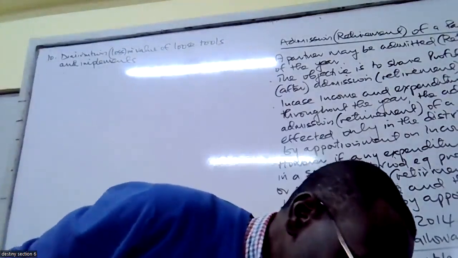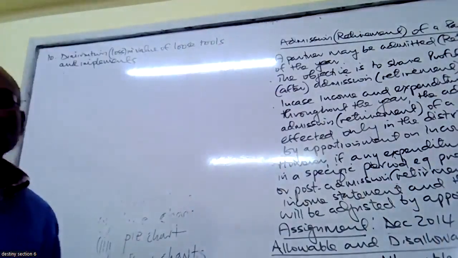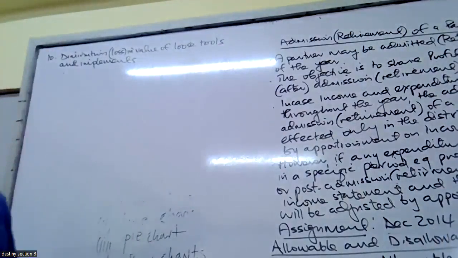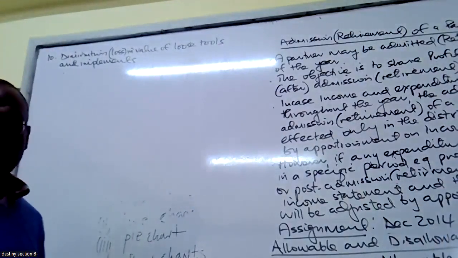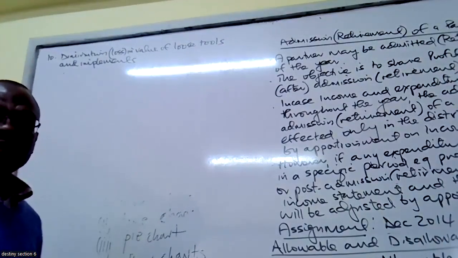So the rate of allowance that will be deducted for loose tools and implements here is 10%. 10% for each year on a reducing balance.